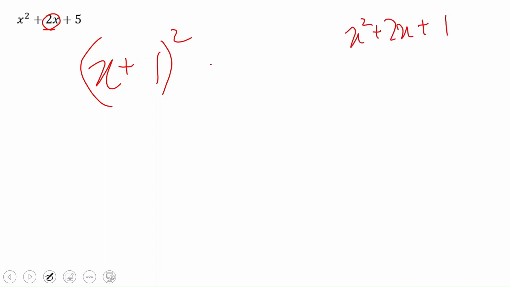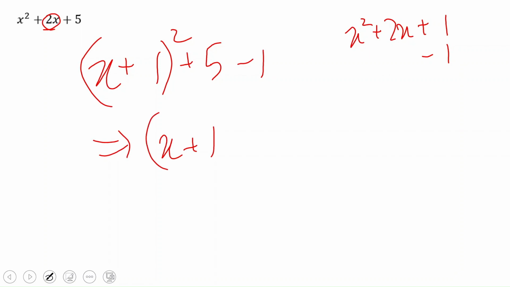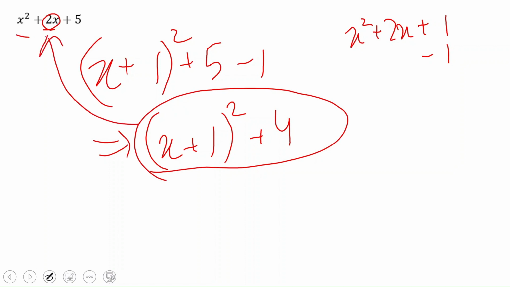So we're going to subtract 1. So we have plus 5 minus 1. So x plus 1 whole squared plus 4. This is nothing but this over here, which is x squared plus 2x plus 5. That is different ways of writing the same statement.